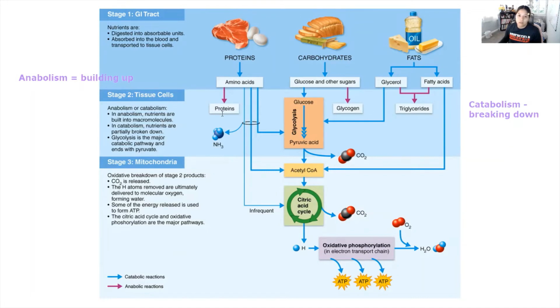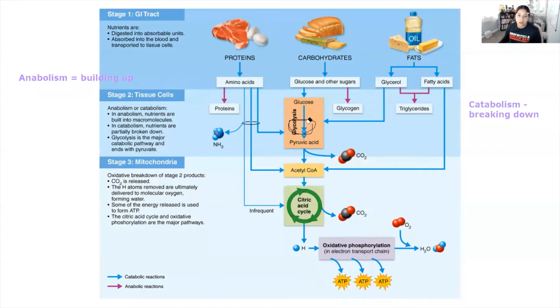So as far as proteins go, we're going to talk about how we use the amino acids that we absorb in the GI tract to build proteins. Okay. And then also those amino acids can be converted into different forms of molecules that are used at different stages of aerobic respiration. So we can use the amino acids to make a glucose intermediate to be used for glycolysis.